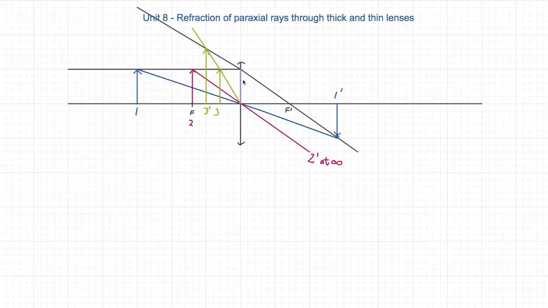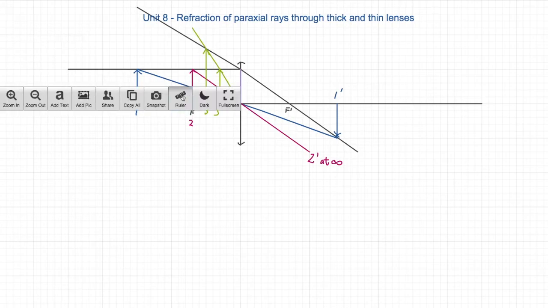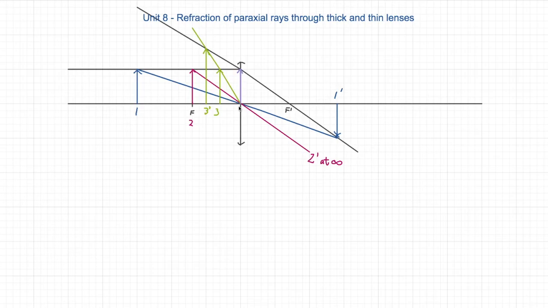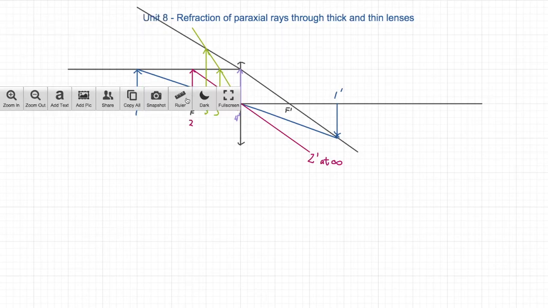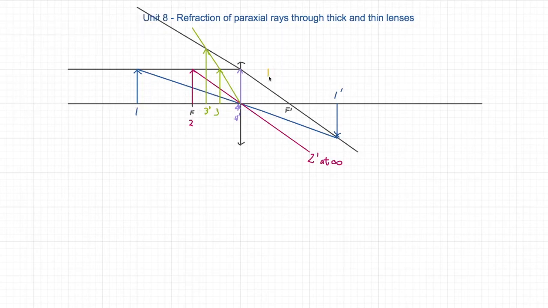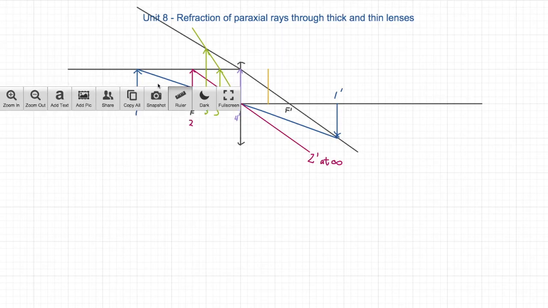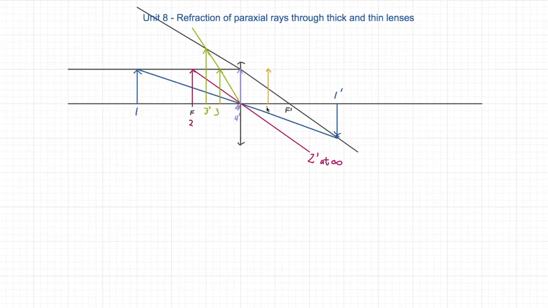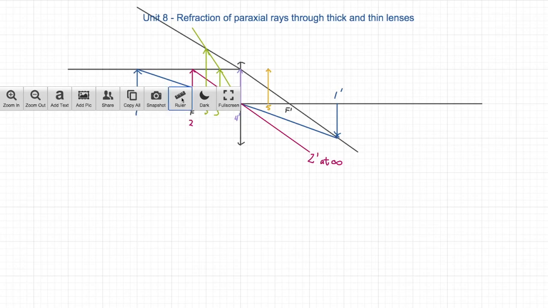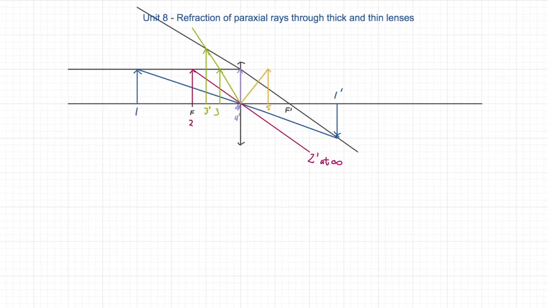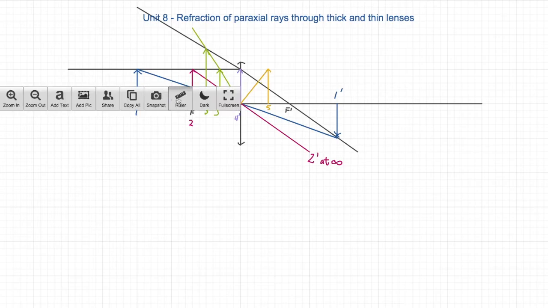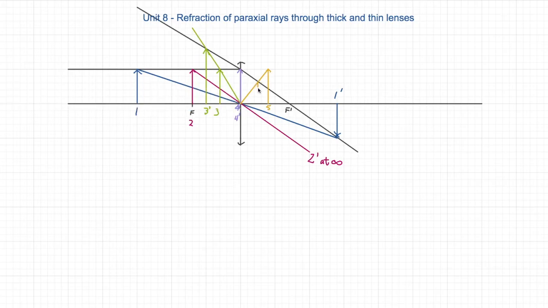Real object 4, right at the lens, right against it, produces virtual image 4' in the same place. Virtual object 5 produces a real and erect image 5'.